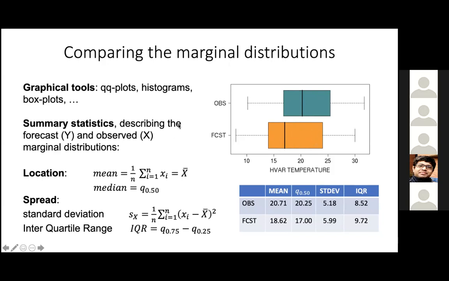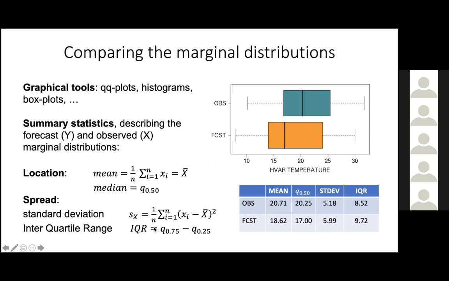To compare the marginal distributions, obviously, you can also compare the summary statistics that describe the forecast and observation marginal distributions. There are different statistics, for example, that can describe the location, like the mean or the median, or, for example, the spread of the distribution.